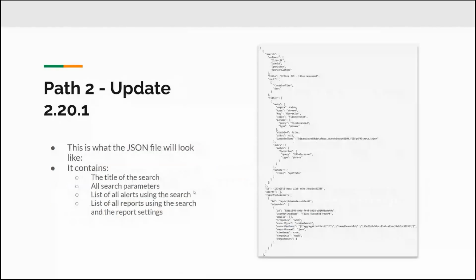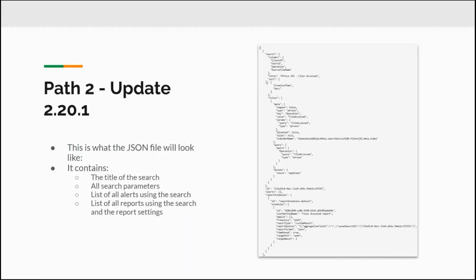So once we do that, this is what it looks like here. I grabbed a screen of it, so I don't necessarily need to pull it up. The JSON file, as I mentioned, is going to have each search, its title, and then all of the filters associated with that search.